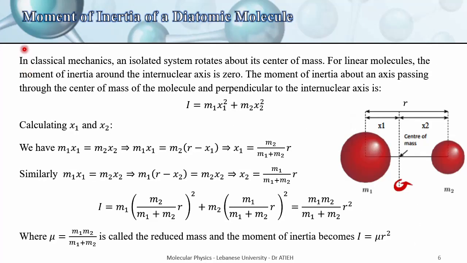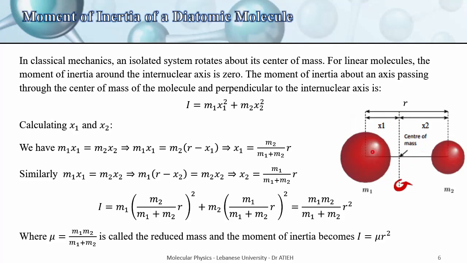I said earlier that we are interested in this course in diatomic molecules only. So let's try to calculate the moment of inertia of a diatomic molecule, as you can see here, about an axis passing through the center of mass of the molecule and perpendicular to the internuclear axis. So this is our axis of rotation, and this is the internuclear axis.